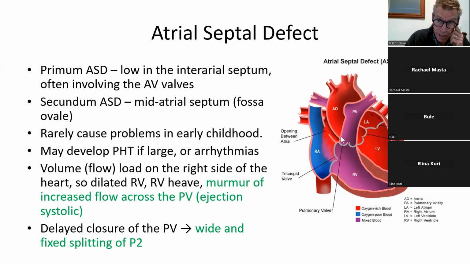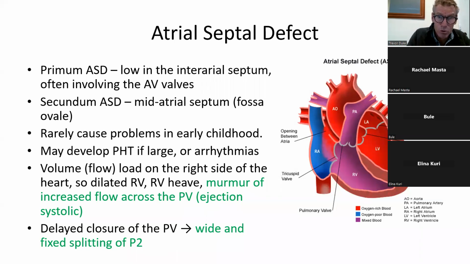The hole is lower down, and that can sometimes disrupt the mitral valve. If you've got an atrial septal defect that's very low in the atrial septum, then you can get regurgitation of the mitral valve. So sometimes children who've got ASDs also have mitral valve disease, and they may also have a VSD associated with it.